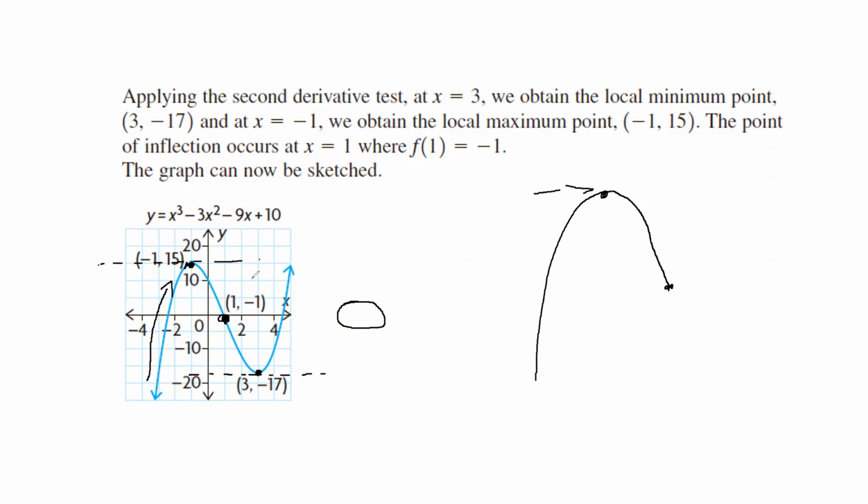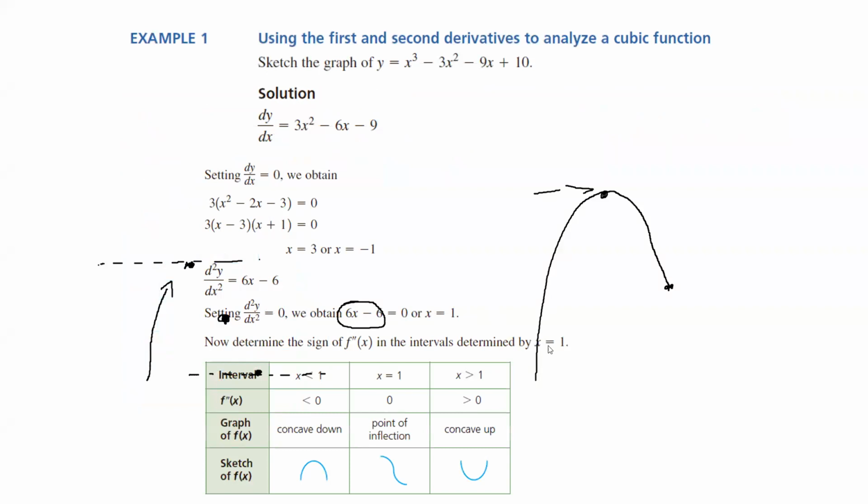And here you can see that the slope of the tangent line is decreasing, because of the sign of the second derivative to the left from x equals 1.